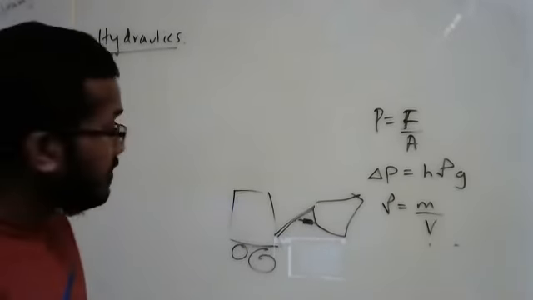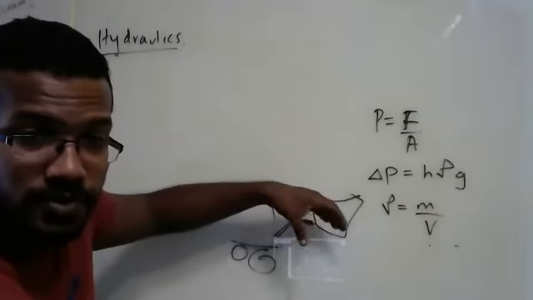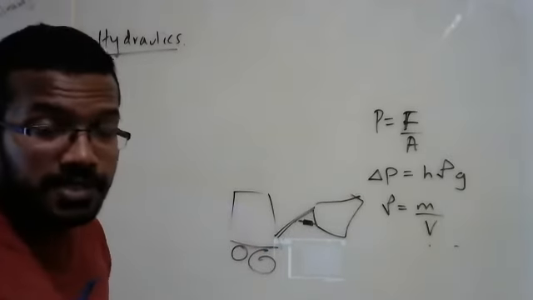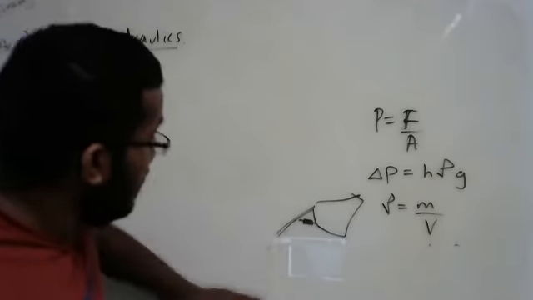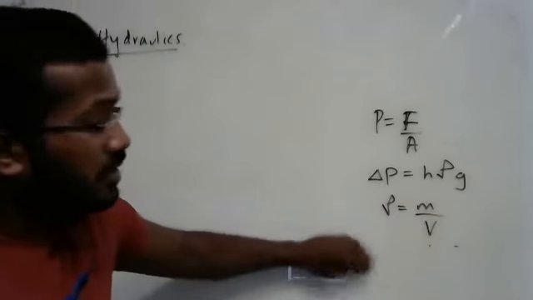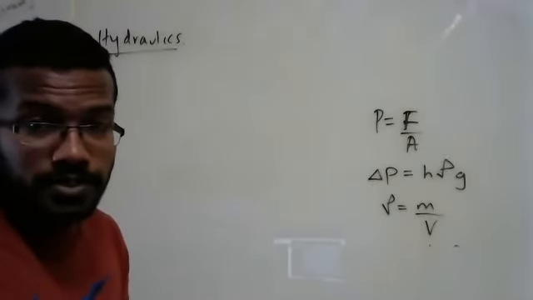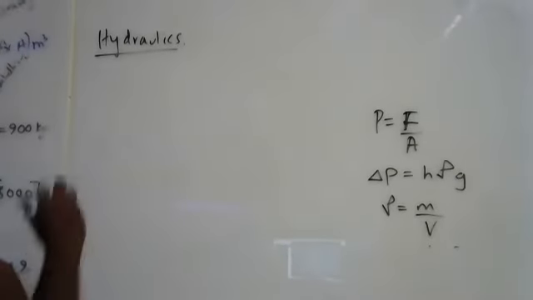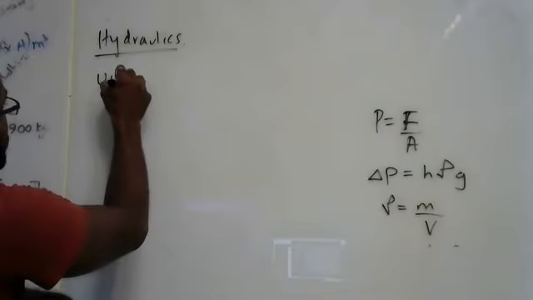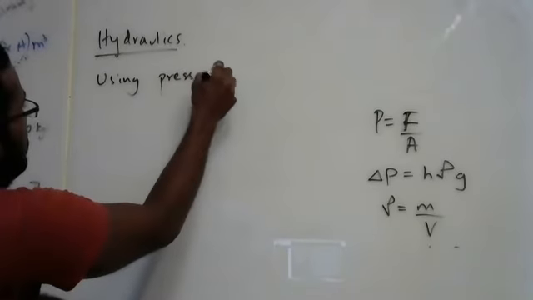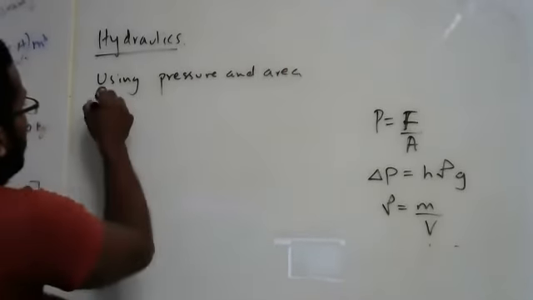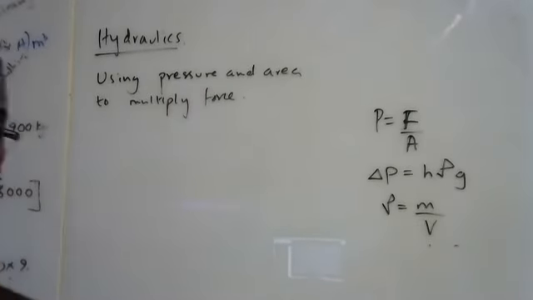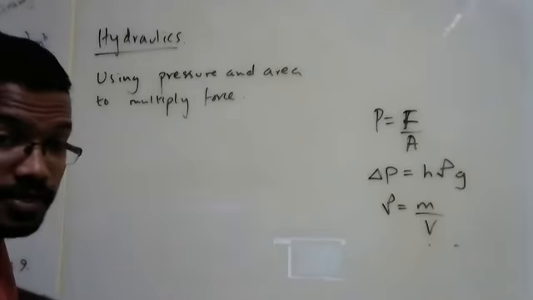So when the caterpillar moves, this arm will go forward and backward. It's present in the braking systems of cars, and it's a method of multiplying force by using the idea of pressure, using pressure and area to multiply force. So we'll study in the context of a car braking system.